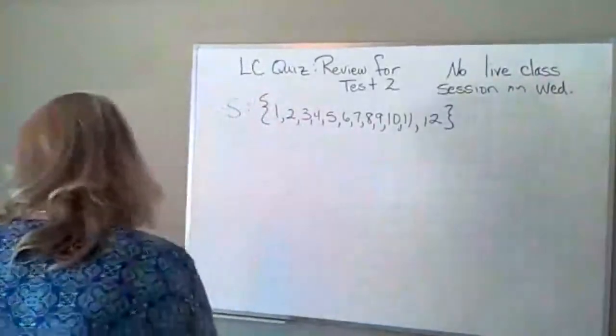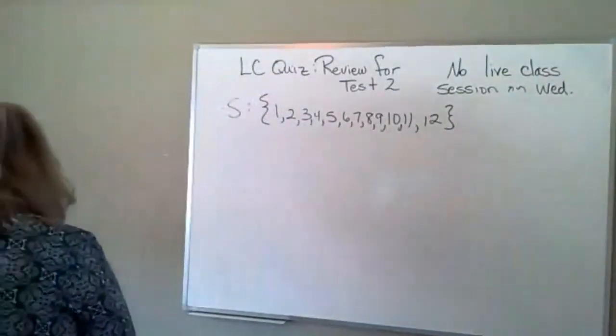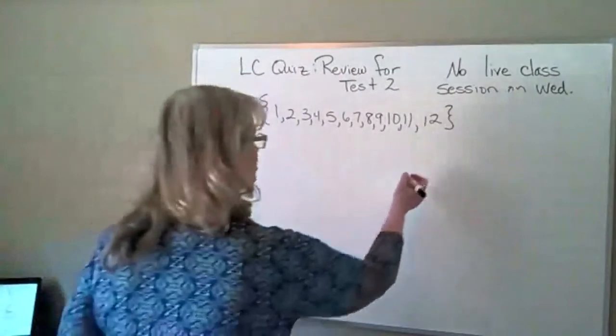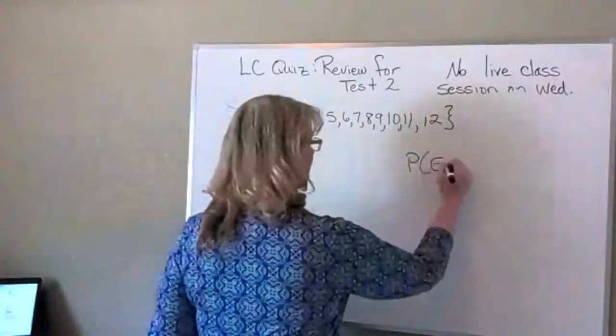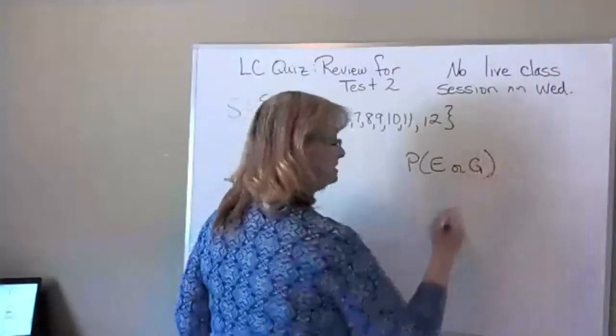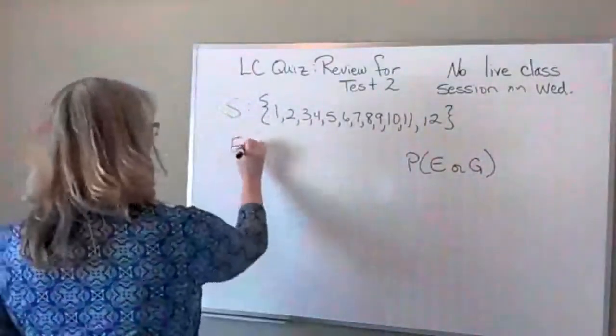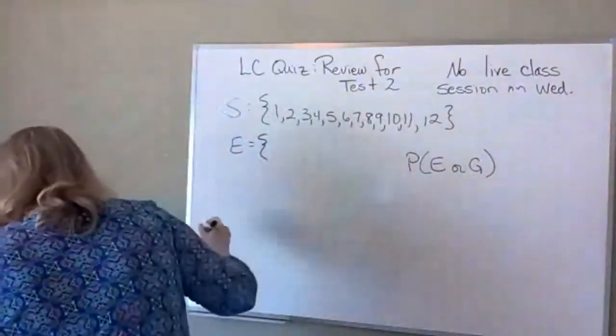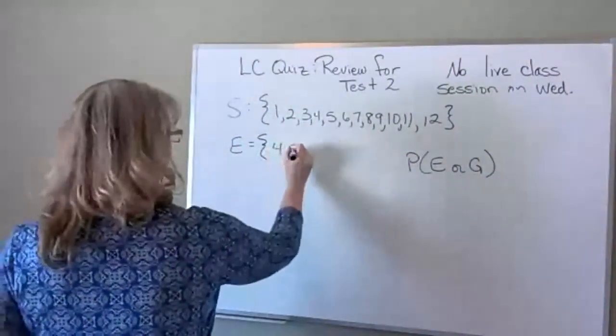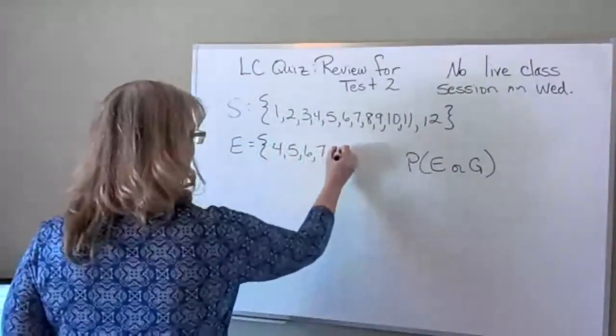So this sample space, and they've given me 3 events. Now the question is to find the probability of E or G. And we did one just like this right before the break. So event E is made up of the numbers 4, 5, 6, 7, 8.